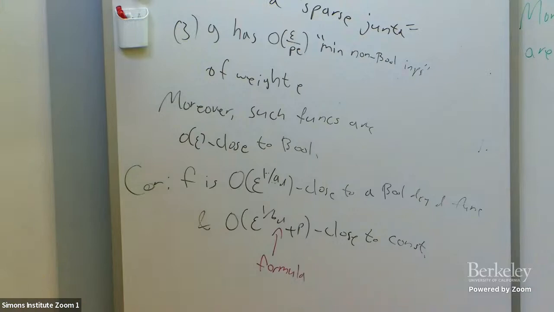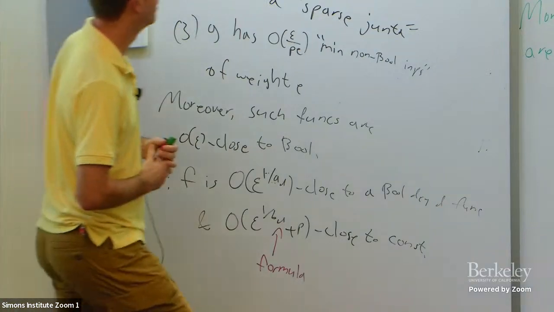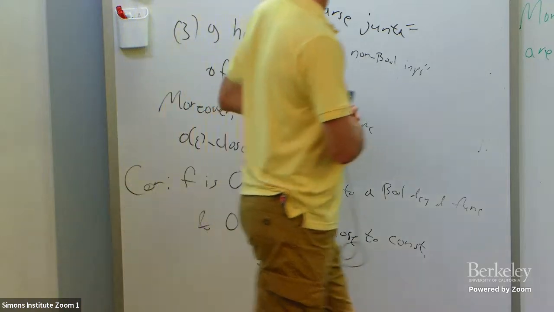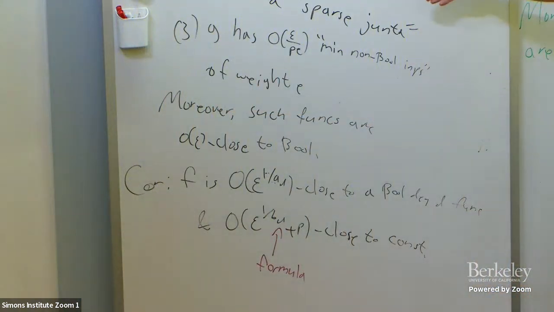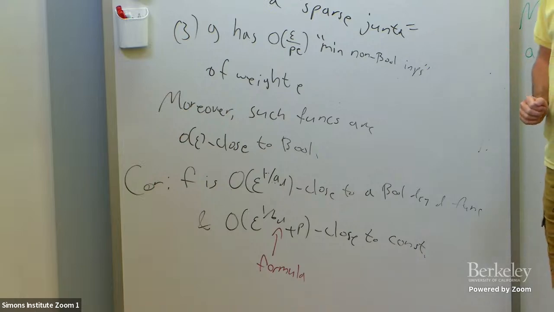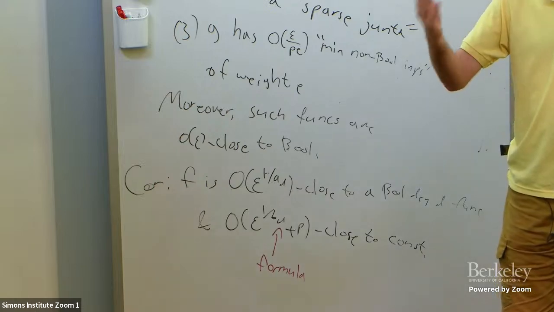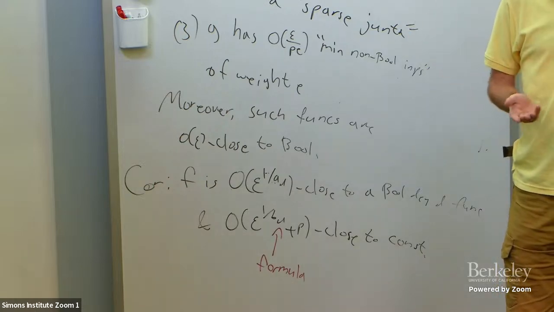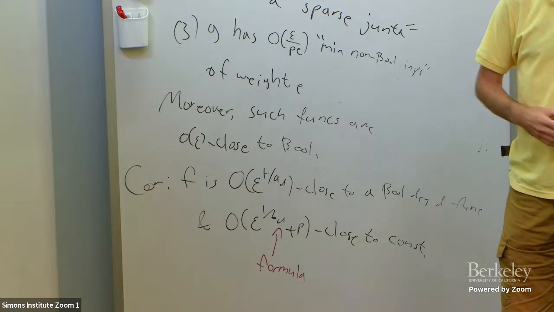Okay, so now what we'll do is I'll explain to you what is this sparse junta business. Like in hindsight, this is just spreadness essentially, and I'll explain what is this minimal non-Boolean input. Then we'll see what happens when d equals 1, why it's the same as the previous results.